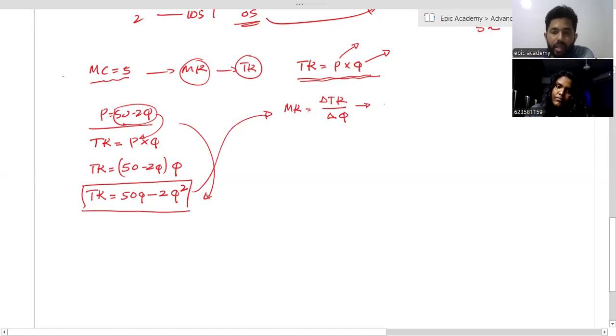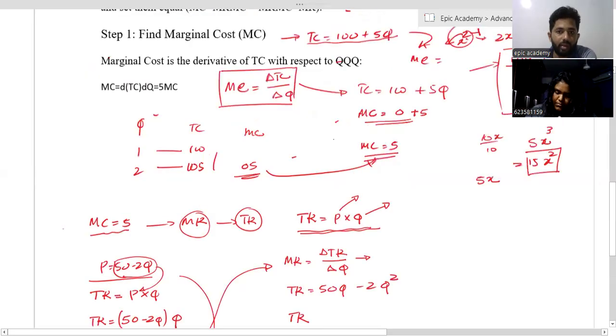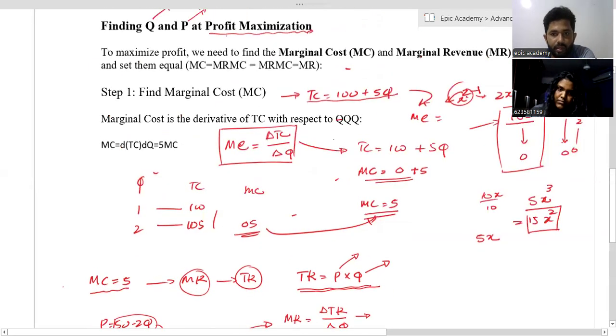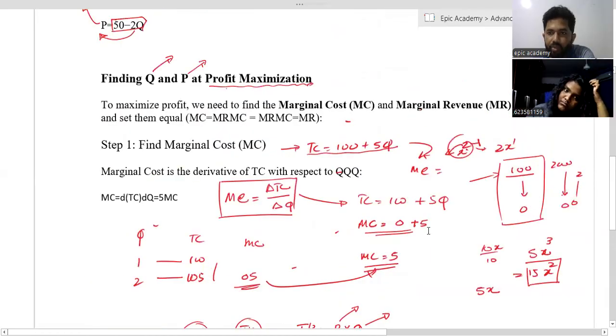So we have to differentiate this TR equation to get the MR equation. TR equals 50Q minus 2Q squared. Then we differentiate it. 5Q becomes 5 after differentiation, isn't it?